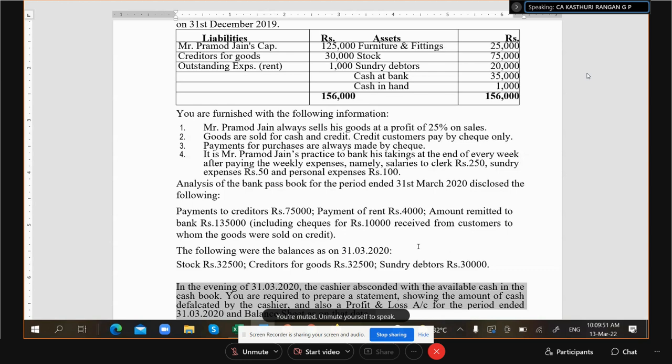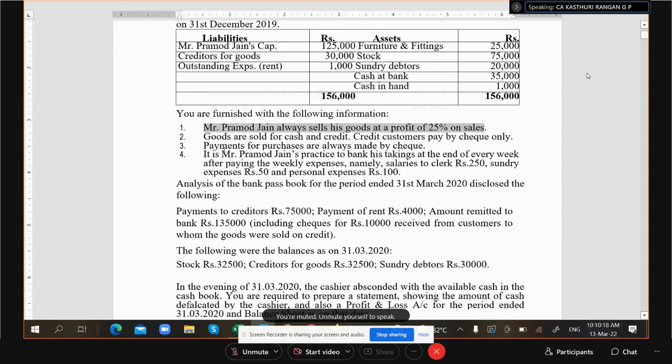So you understand the opening balance sheet is already given, so no need to prepare it once again. You have to prepare the closing balance sheet, trading and P&L. You should also prepare cash and bank account and debtors and creditors account. If required, we will have to prepare some more working notes. For example, the problem tells you he always sells his goods at a profit of 25% on sales.